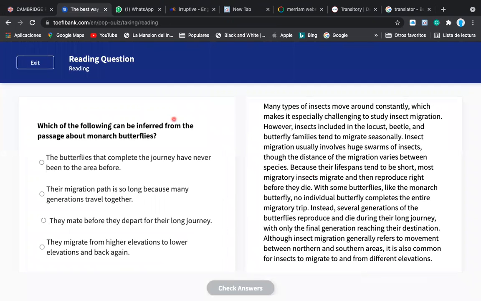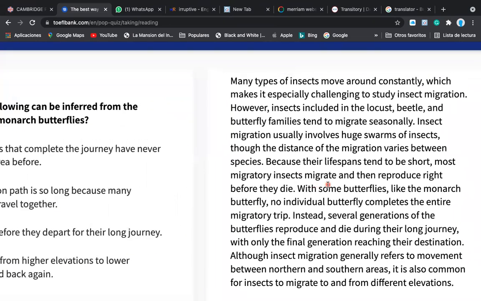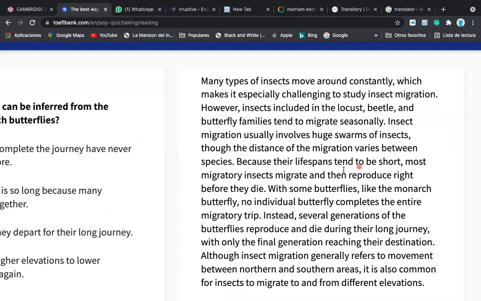The question is about which of the following can be inferred from the passage about the monarch butterflies. Because their lifespans tend to be short, most migratory insects migrate and then reproduce right before they die. With some butterflies, like the monarch butterfly, no individual butterfly completes the entire migratory trip.